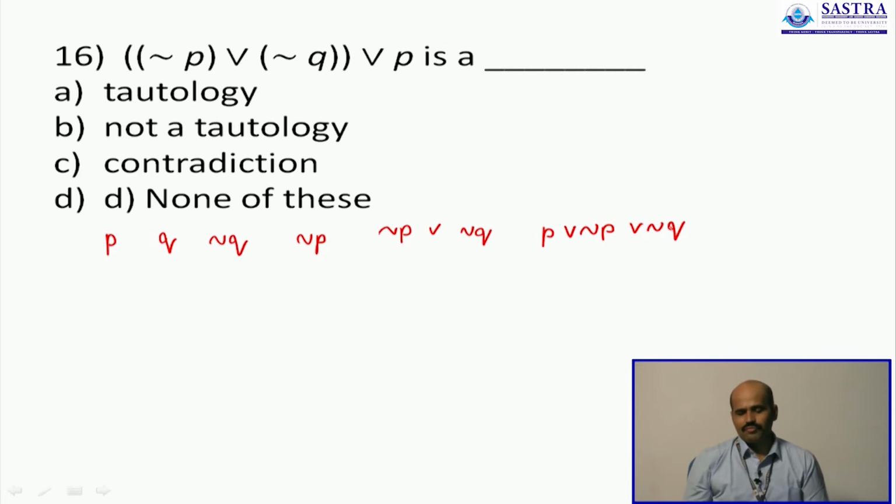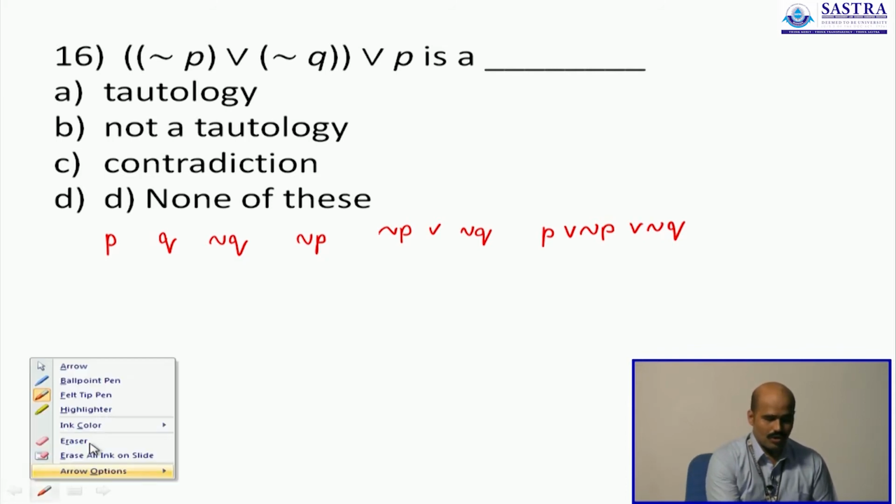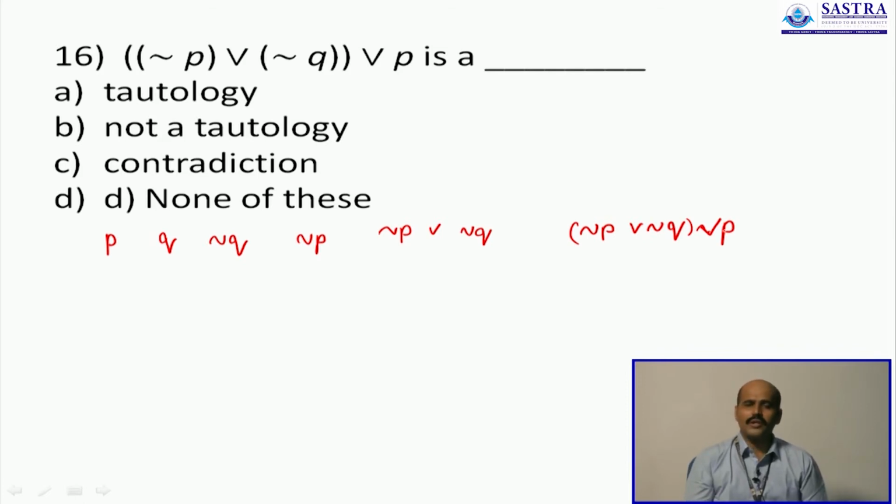We are asked to classify this as being a tautology or a contradiction. Now if you can remember the definition, you will see that the only way to find out if a given statement is a tautology or a contradiction is by drawing its corresponding truth table. You will have no trouble in recalling that a tautology is a compound statement which has all true values in its output sequence, and a contradiction is a compound statement which has all false values in its last column of the truth table. So let's find out, and that's the only way.